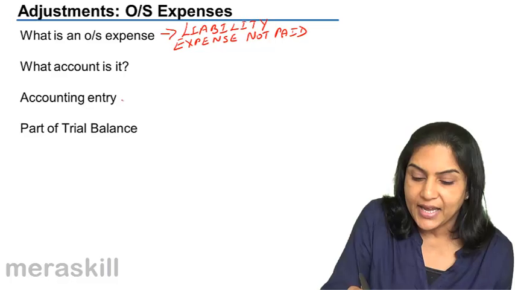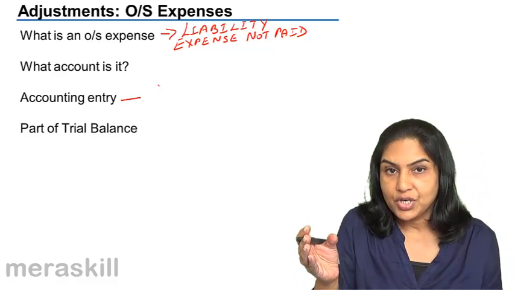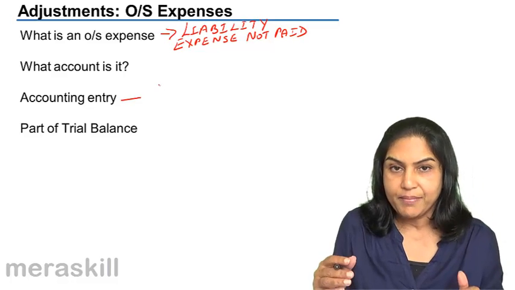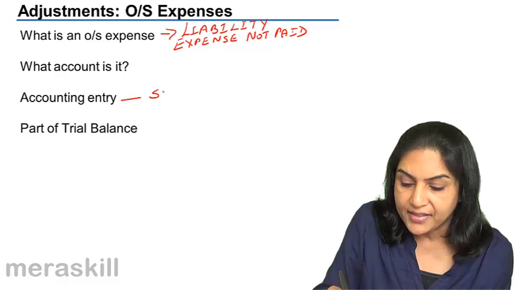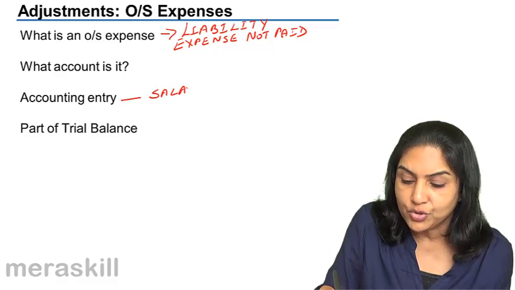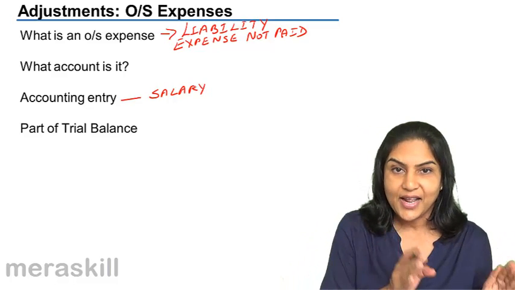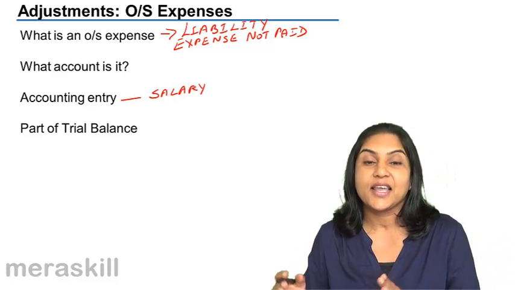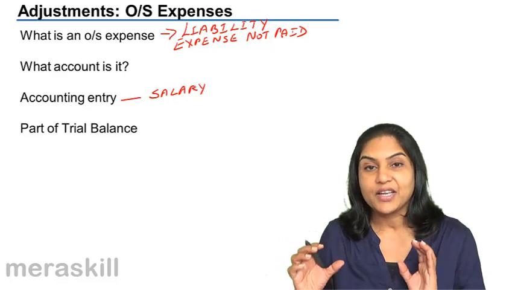So basically, an accounting entry is passed which is to debit salaries. Why? Because salary is an expense. It has to be brought into the books. And what are the two sides of the transaction? One side is salary, the other side is the employees' account, the employees to whom the salary is due.